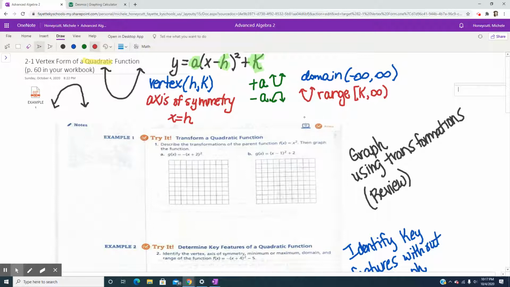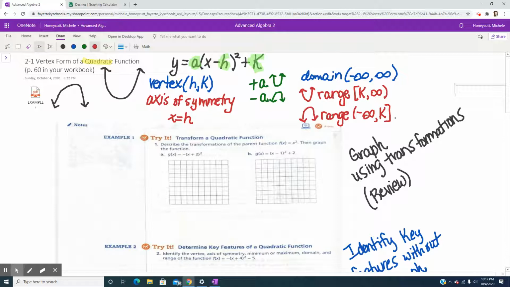If the parabola opens down, then your range is going to be negative infinity until that k value. Okay, so those are some of the key features I can see just from looking at the equation, and we'll be working with those a little bit more later.